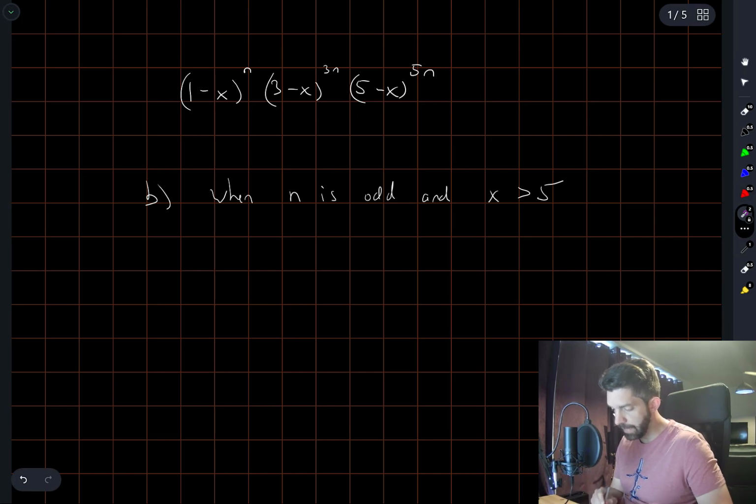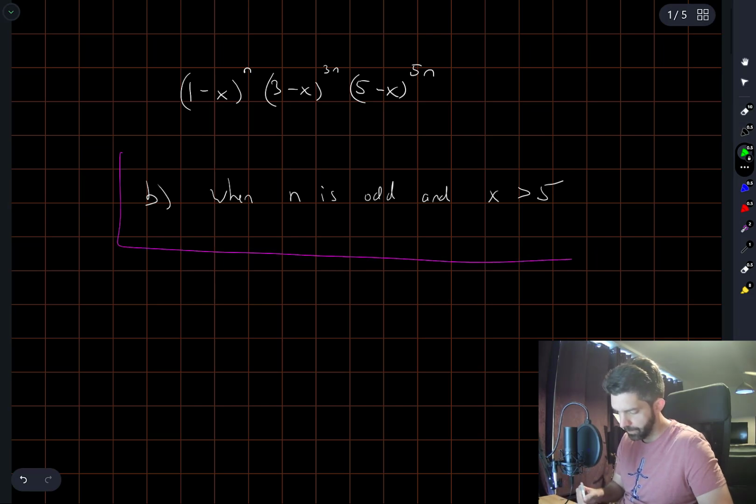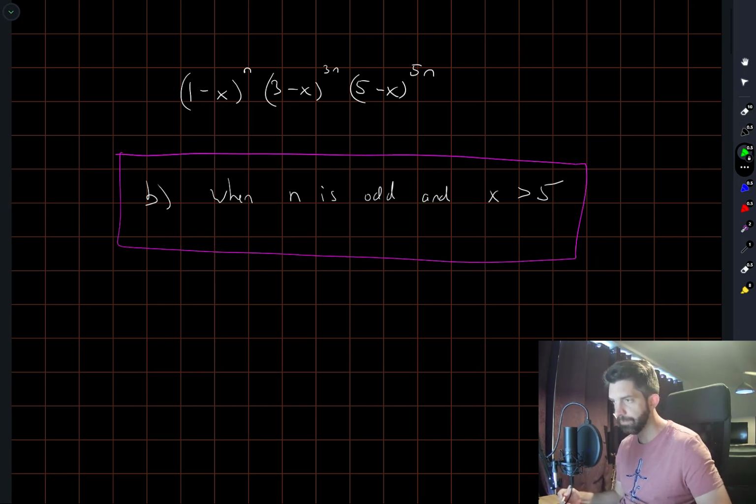So what we need is n to be odd, and we also need either one or all three of these numbers to be negative. And if x is greater than 5, that'll be negative, that'll be negative, that'll be negative. So there we go. The original expression is negative under option B when n is odd and x is greater than 5.